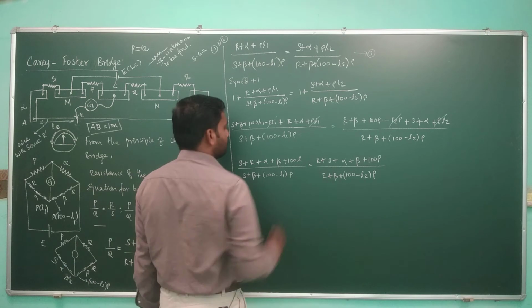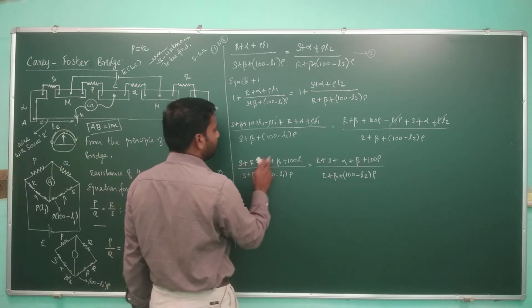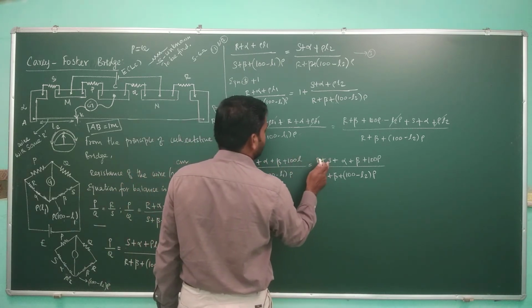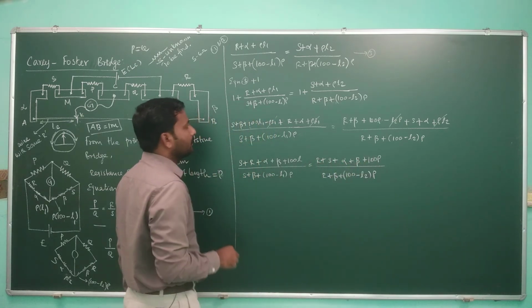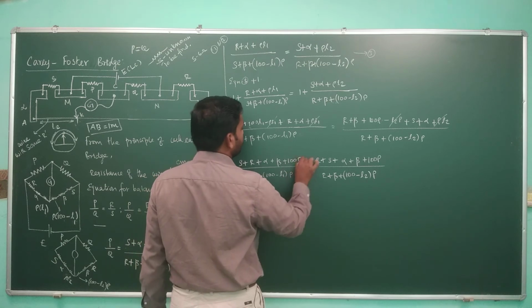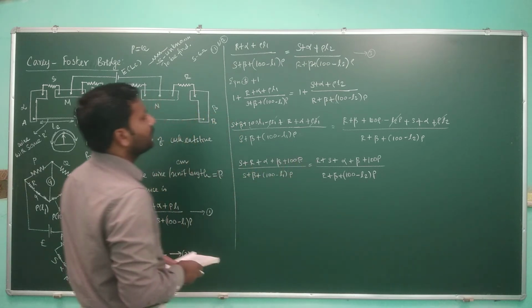Comparing these two equations, S plus R plus alpha plus beta plus 100 rho, and not L, here also it's rho. Both side numerator is equal.